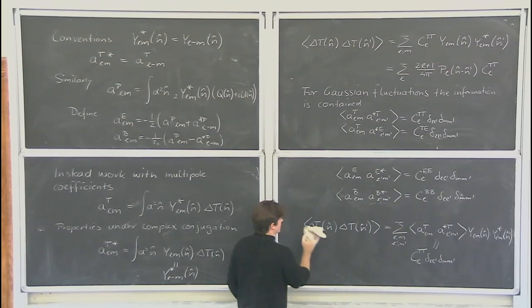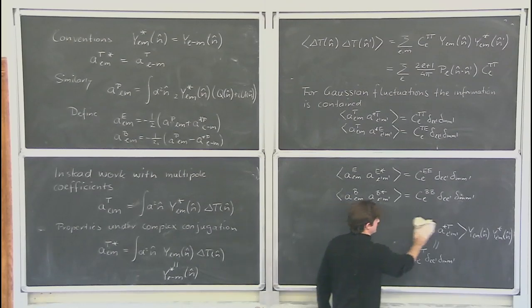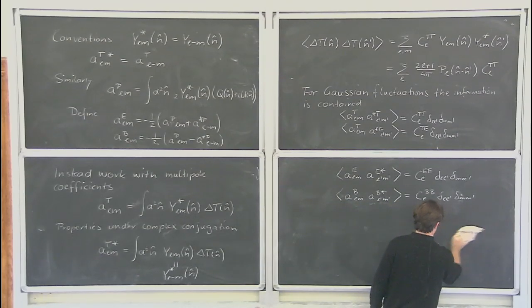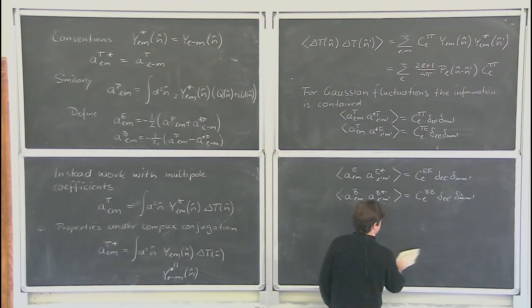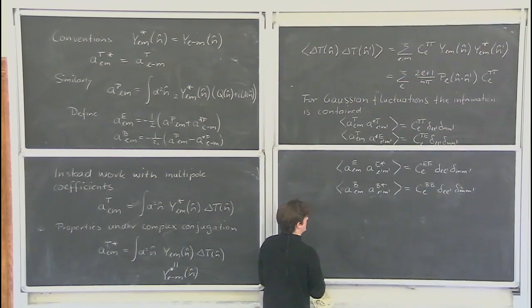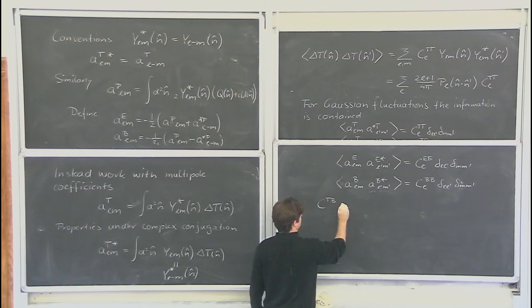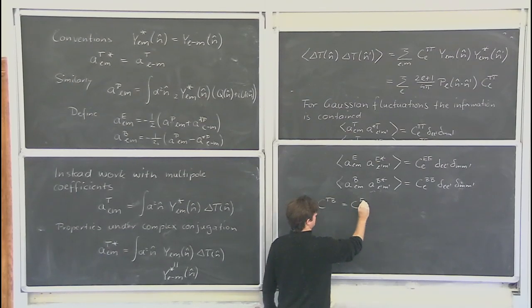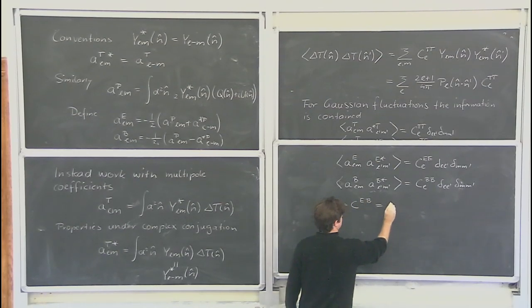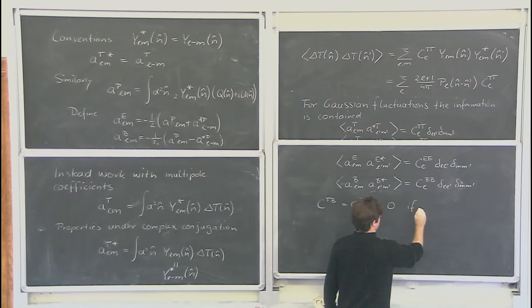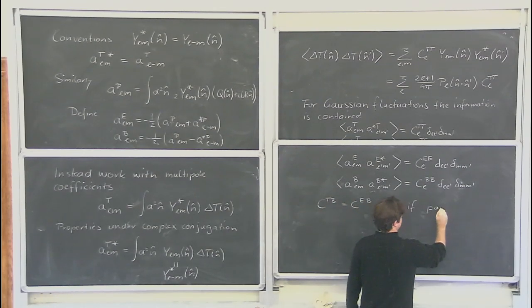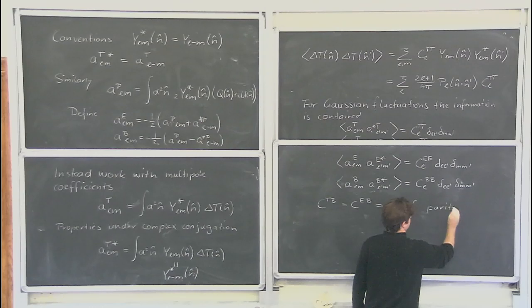And then if your theory respects parity, then this is all there is, because C_l^{TB} and C_l^{EB} are 0 if your theory respects parity.